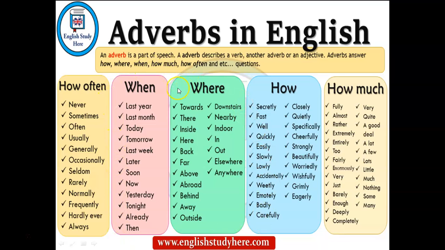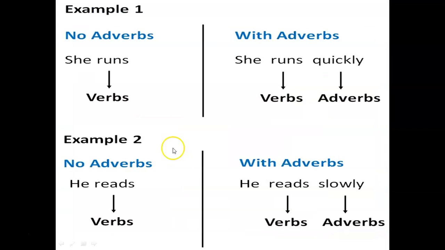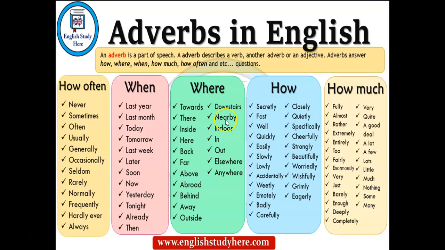I don't want you to get too confused, say, there's no ly. Hey, it's still the same thing that you ask when we go all the way back here. She runs how? Quickly.